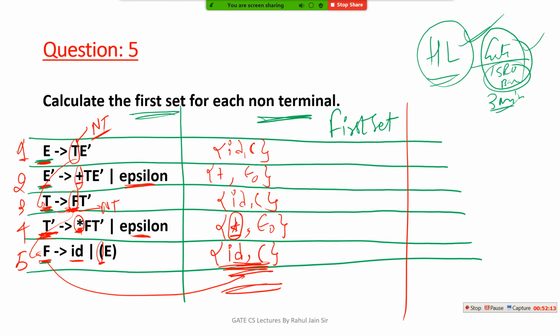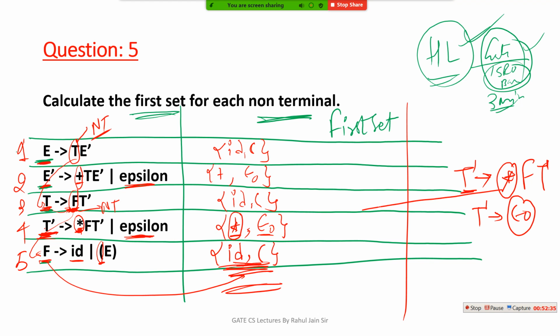And first of T dash is also epsilon, so I have again put this epsilon here. This means T dash has two productions: the first one is multiplication F T dash, and the second is T dash derives epsilon. So the asterisk and this epsilon are put into the first set of the fourth line. Is it clear now, guys?